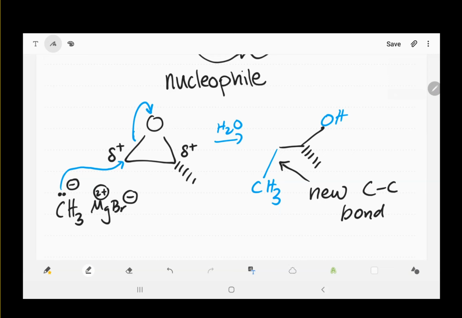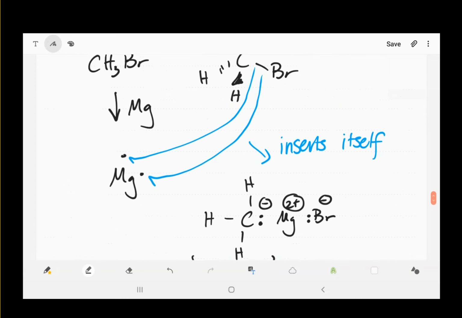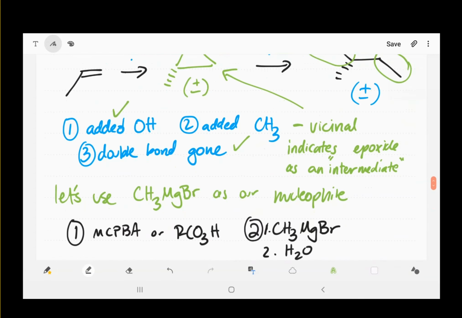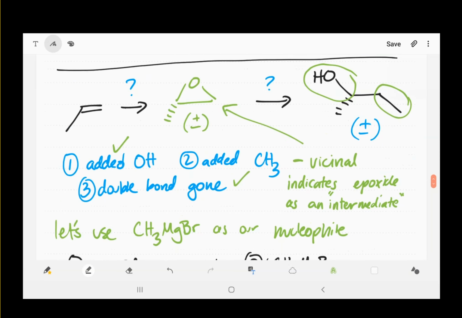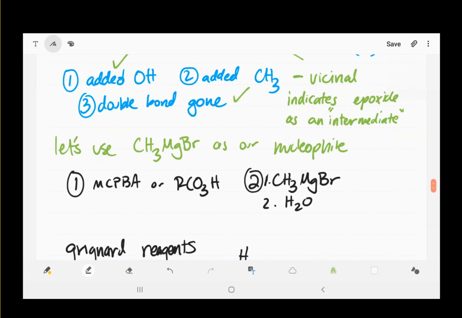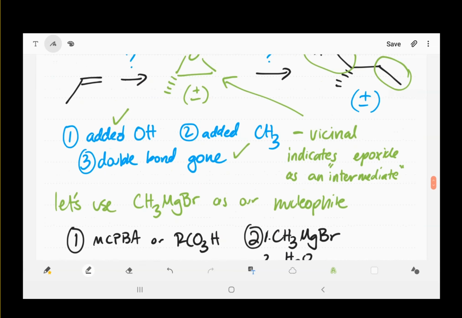So whatever your new carbon substituent is, in this case it was just a methyl, that's the only thing that we added. As we saw here, we had added CH3 to this molecule. I could have added any carbon. I could have said I'm going to add an ethyl group, or benzene, or whatever. And the way to do that is to use it as a Grignard reagent, meaning you just stick magnesium and bromine onto it, and now you can use it as a nucleophile.